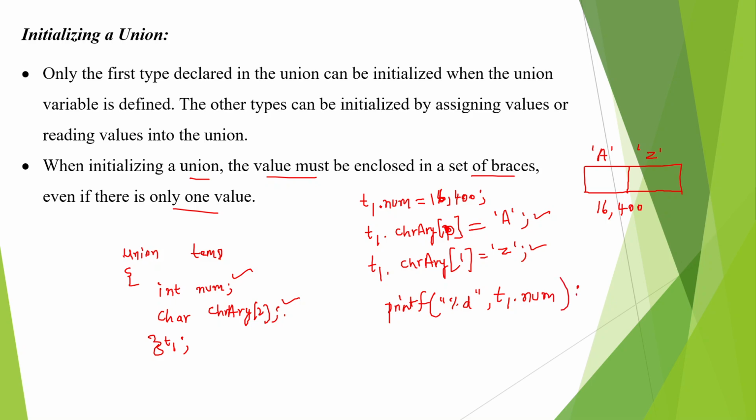No, because it got overridden. These two variables use the same memory, so whatever value I stored using num is now overridden by this a and z. You will see a different value over here, not the 400 thing.